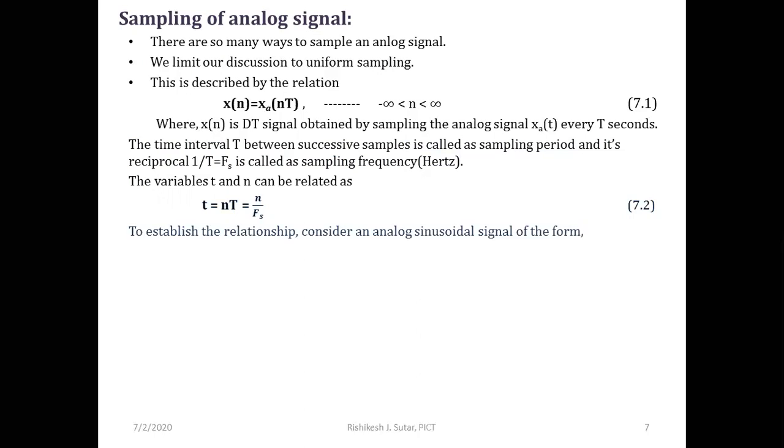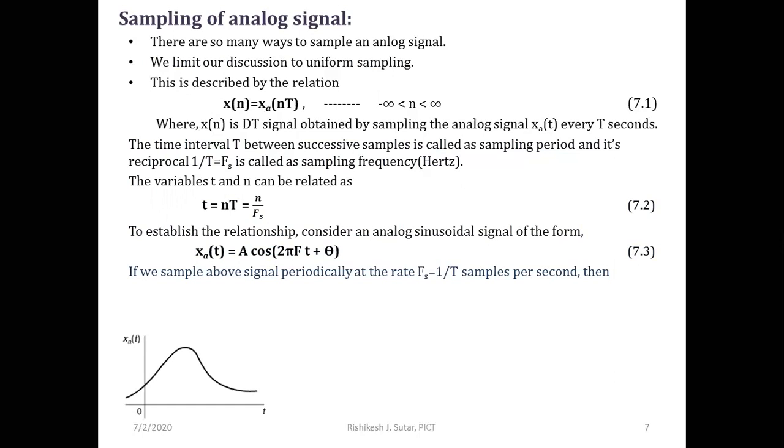To establish a relationship, consider an analog sinusoidal signal as x sub a of t is equal to A cosine of 2 pi capital F t plus theta. This is a representation of analog signal, and I can show that analog signal in this way.